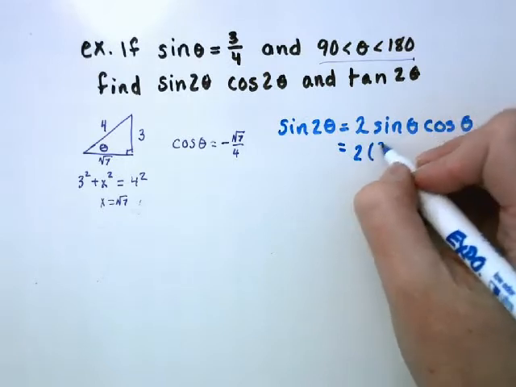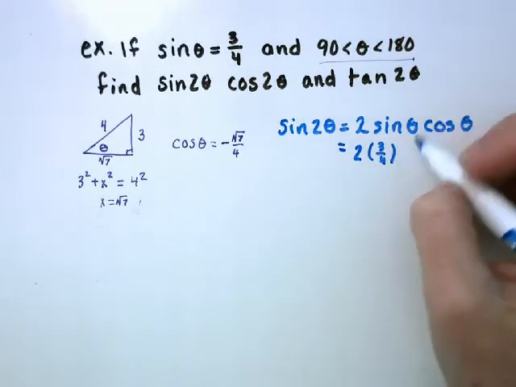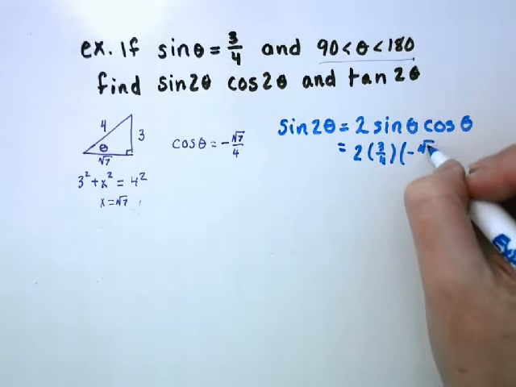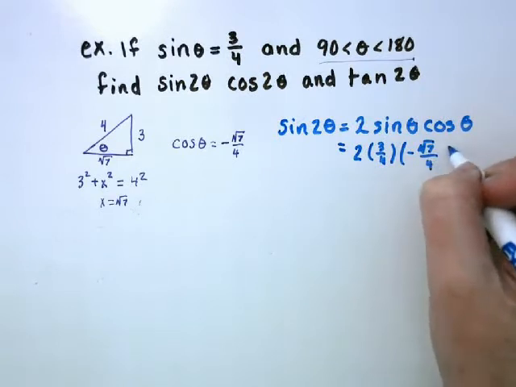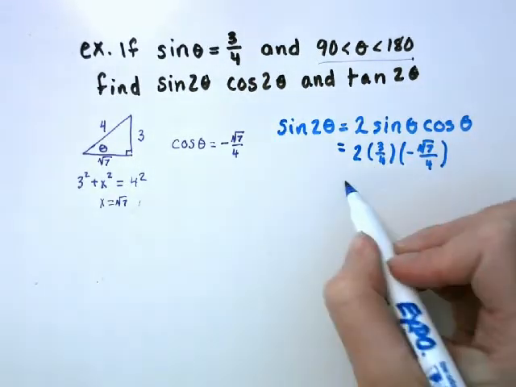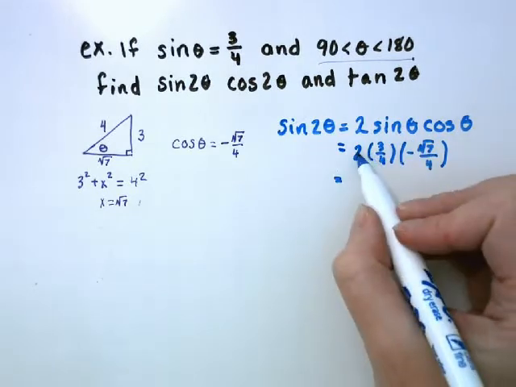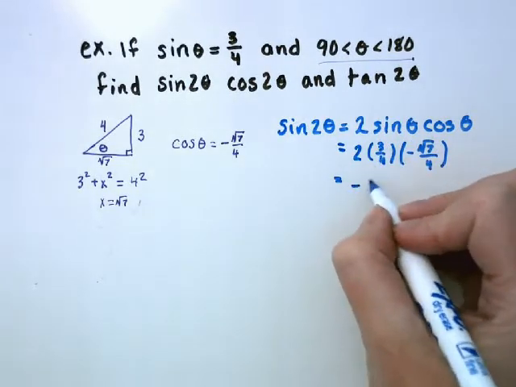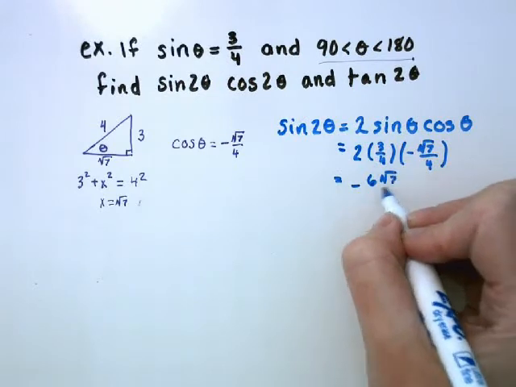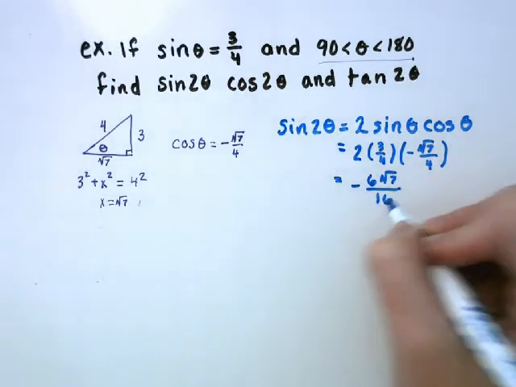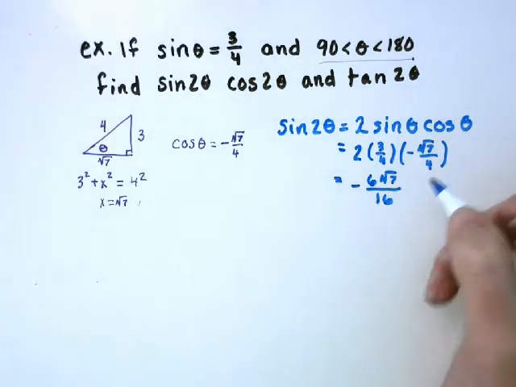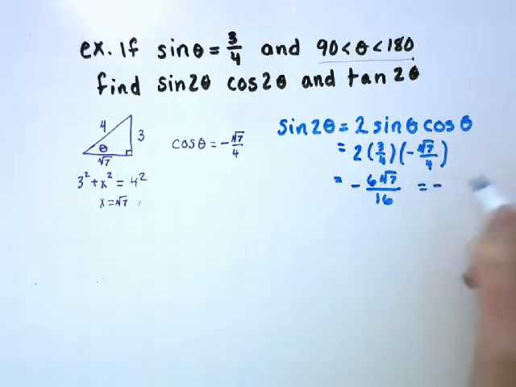So 2 times 3/4 times negative root 7 over 4. So this will be 2 times 3 is 6, so we're going to have a negative 6 root 7 over 16, which simplifies to negative 3 root 7 over 8.